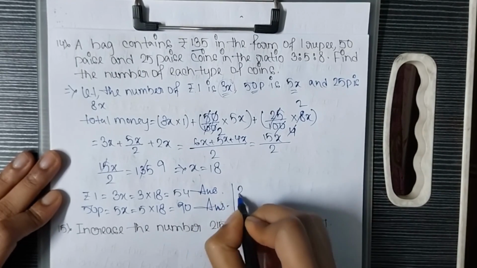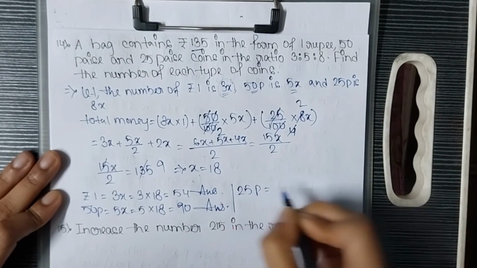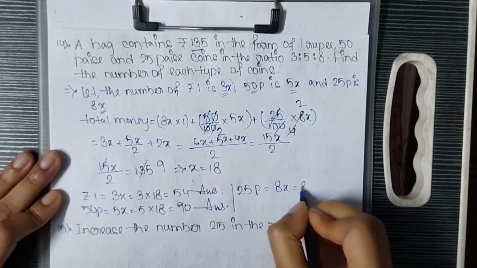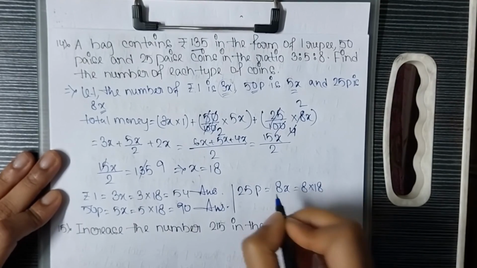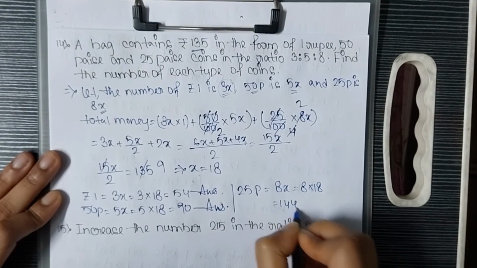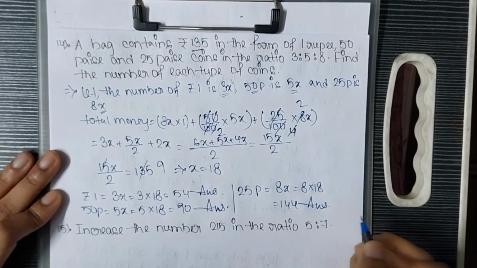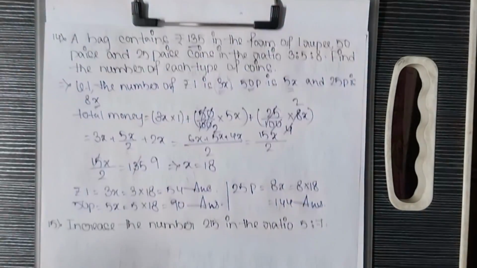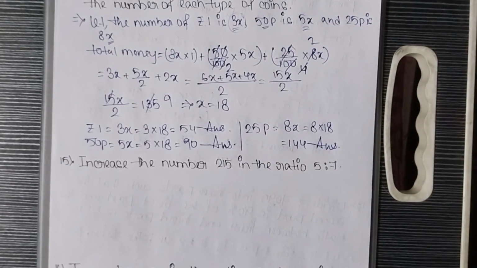And the number of 25 paise coins, we have assumed it as 8x. So 8 into 18 will be 144. So this is the final answer of this problem. Now move to the next problem.